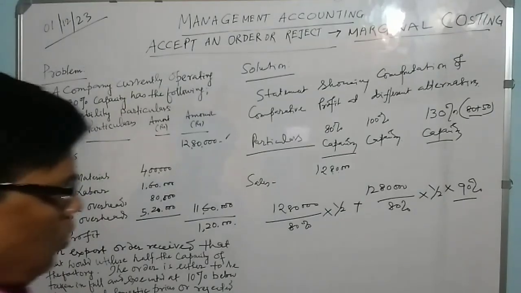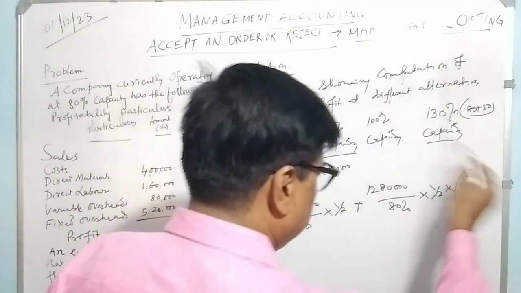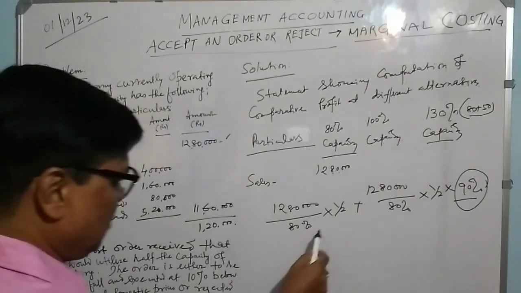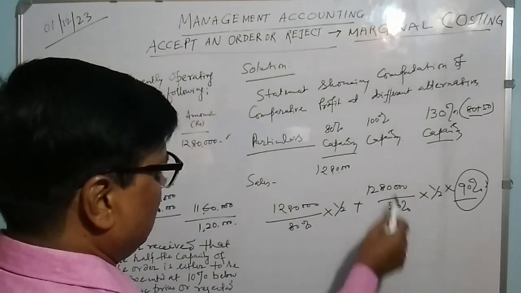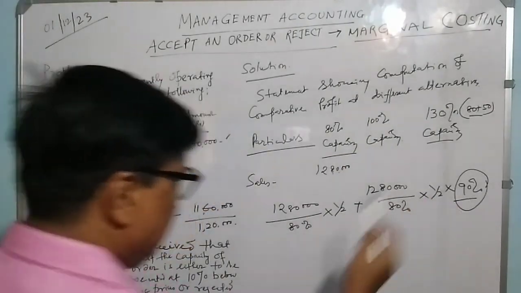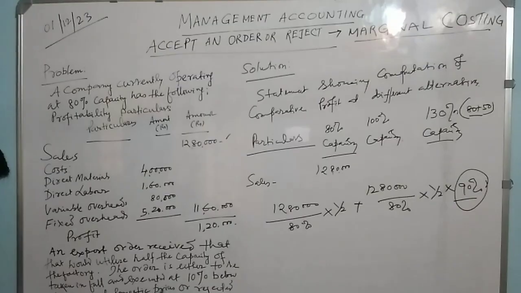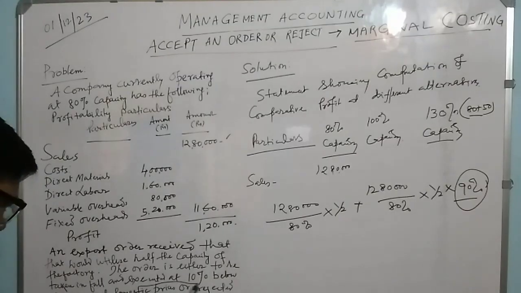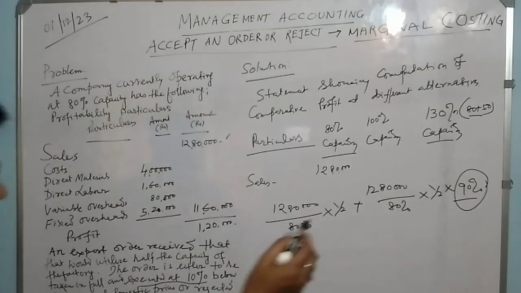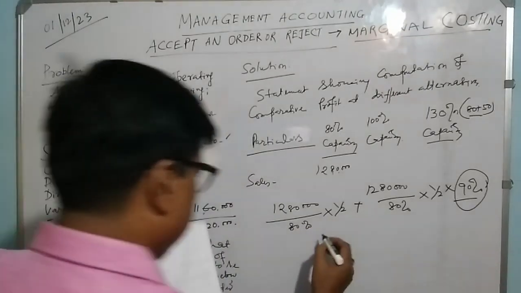You see why we have taken 90% here? This is the 250% level we are taking, that is for the 100% level. And why are we taking 90%? If you execute beyond your normal capacity, your 10% cost reductions will be there.